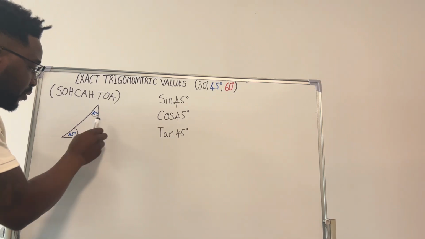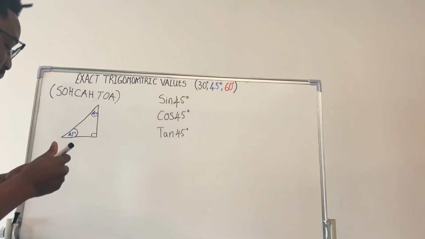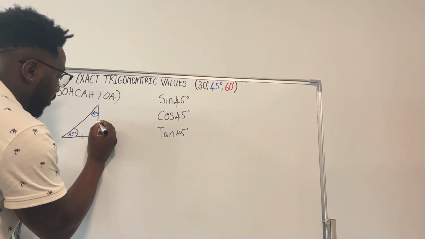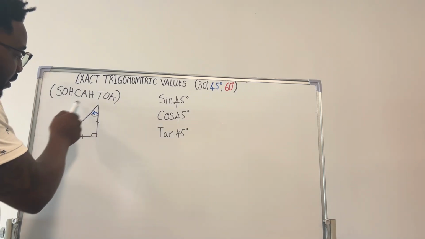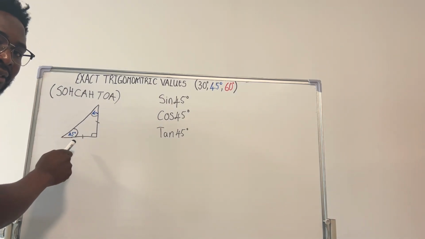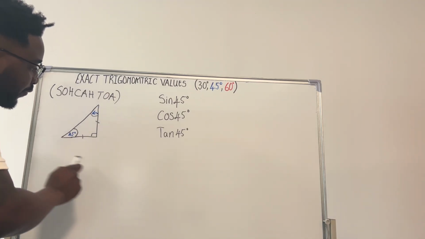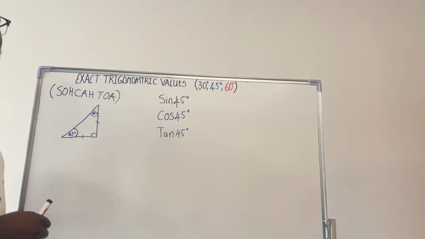These two sides will also be equal, right? So this side over here and this side over here will be equal. And if we have two equal sides and two equal opposite base angles, what triangle have we just formed right here? It is an isosceles triangle.